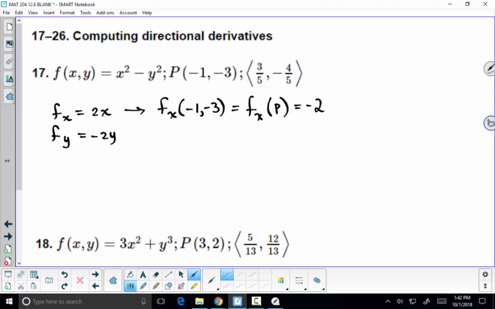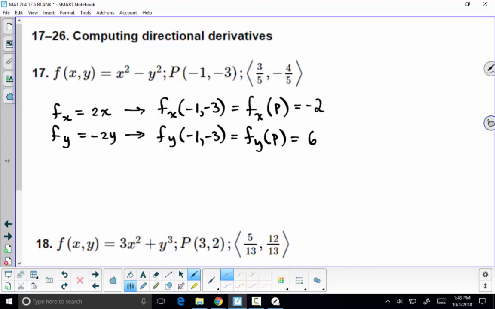And then for f sub y, we're going to figure out f sub y at this point. Again, if you're more comfortable just writing f sub y of p, totally fine. When you start dealing with ordered triples, you don't want to write all three coordinates every single time. Just put a p. And that looks like it's going to be +6.